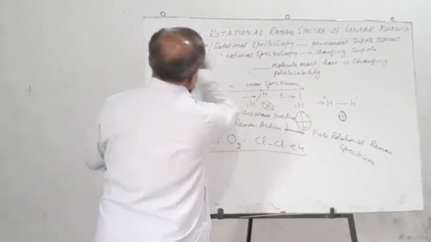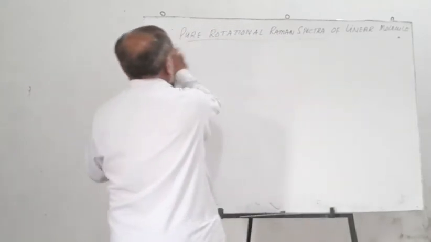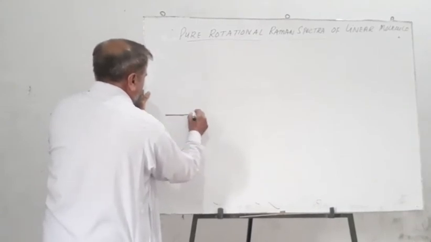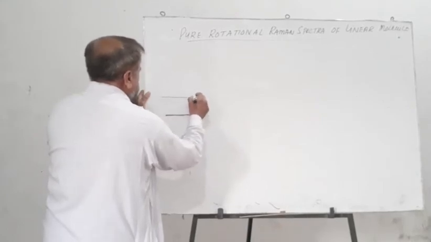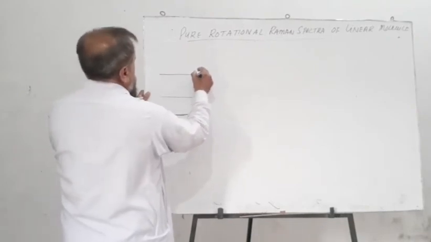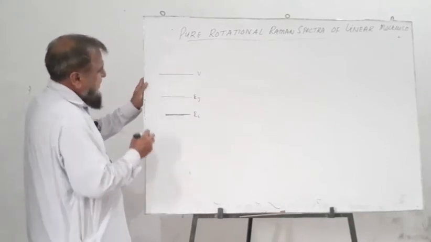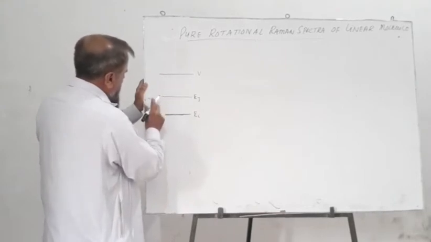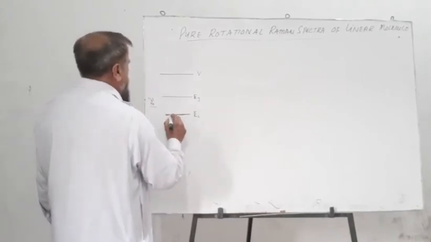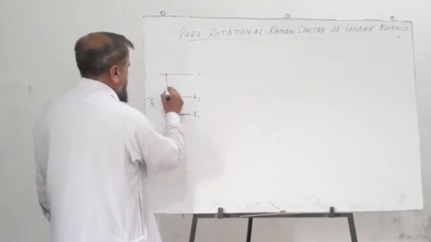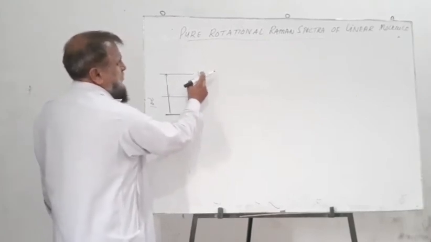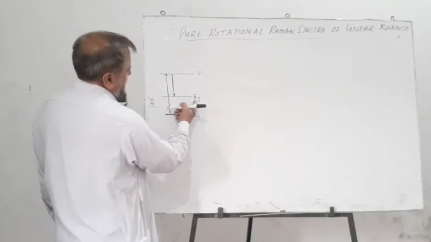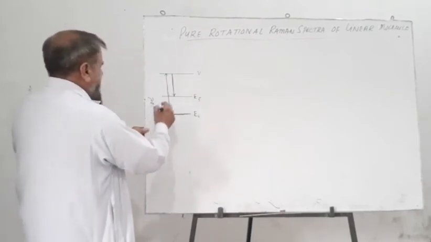We had previously discussed in the introduction to Raman spectroscopy that if EI is the initial rotational energy level, EF is the final rotational energy level, and V is the virtual state, and if electromagnetic radiation having a frequency nu excitation excites the molecule from the initial state EI to the virtual state V, and it falls back to the final state EF, then it will emit radiation.